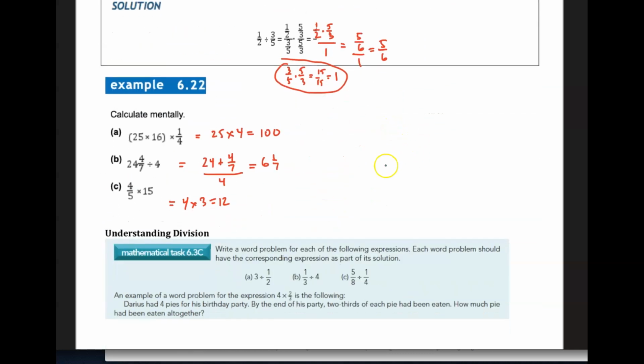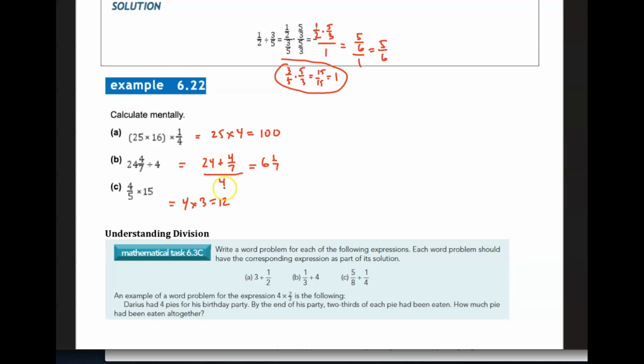And then the last piece to look at is how we would solve these mentally. You can see how I broke these up. 16 and 1/4 go together, so it's really 1/4 of 16 is 4, and then 25 times 4. Here I break the 24 and 4/7 up into two pieces, and so you end up with the 4 going into both.